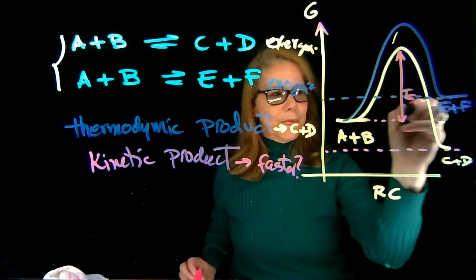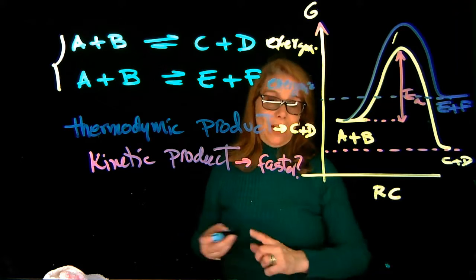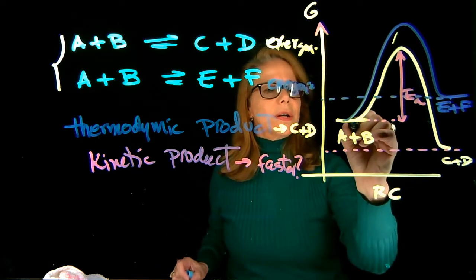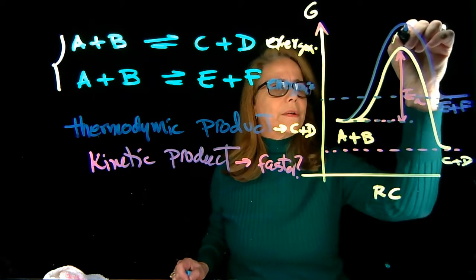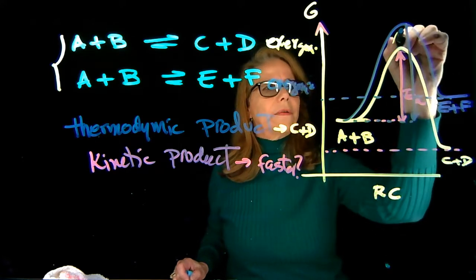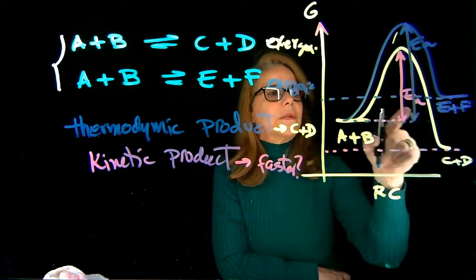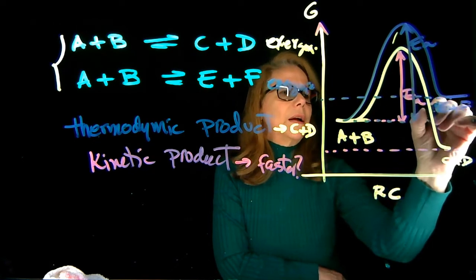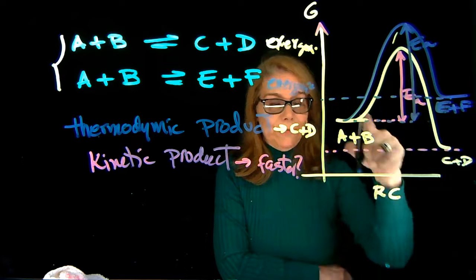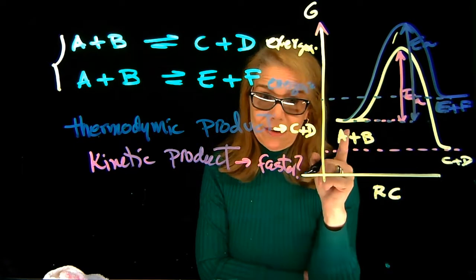Now, looking at the other reaction, well, we start here as well, but now the energy of activation is all of that. So notice that the energy of activation for the reaction that leads to the formation of EF is larger.